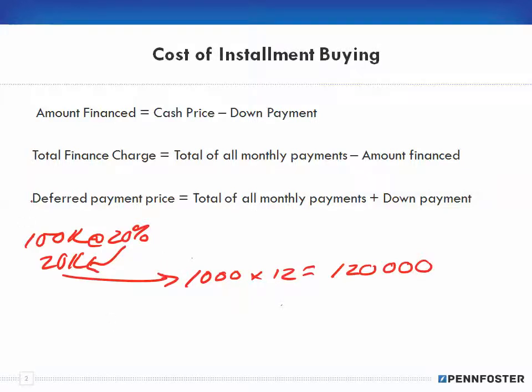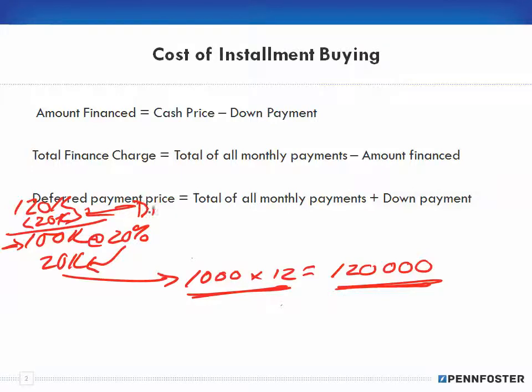But we had originally started with the cash price of 120,000, and I put, say, $20,000 down. That's how I ended up borrowing the 100,000. Here my deferred payment price is the total of all those monthly payments, which is the 120,000, plus the down payment of $20,000.